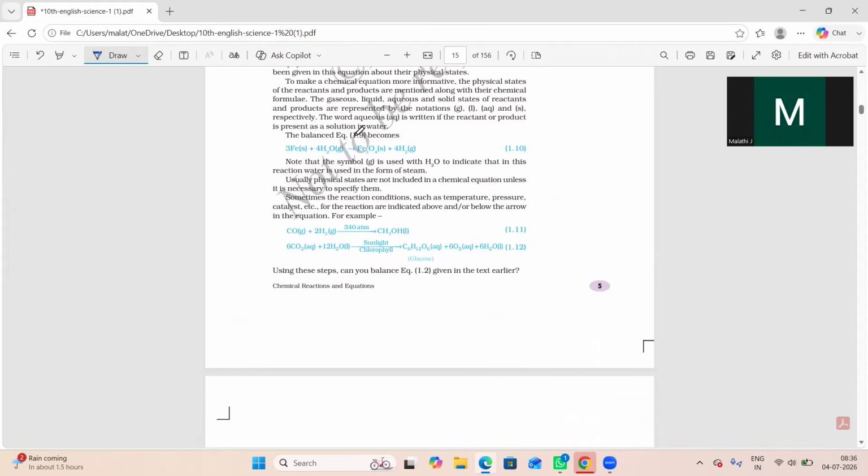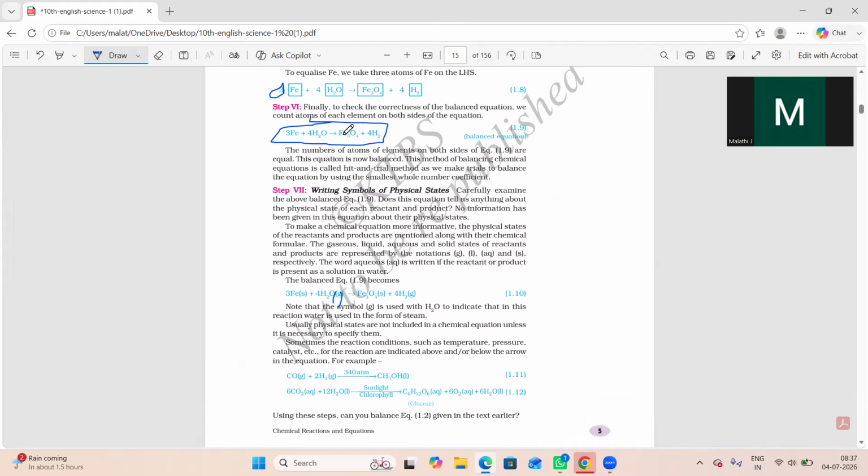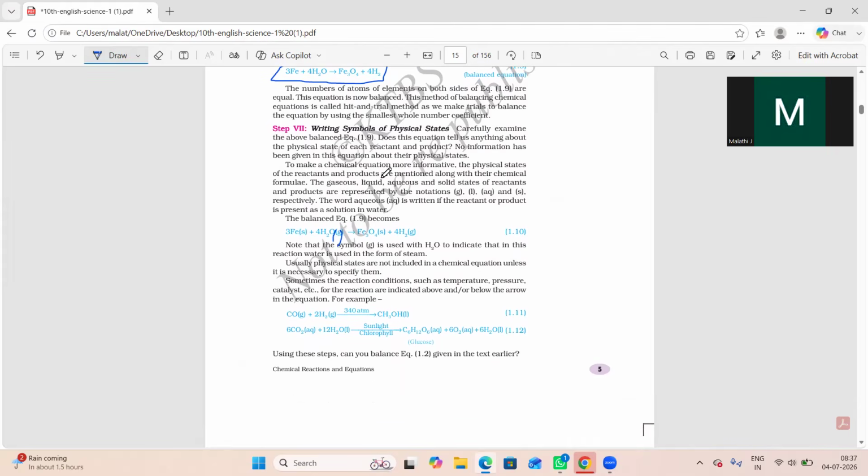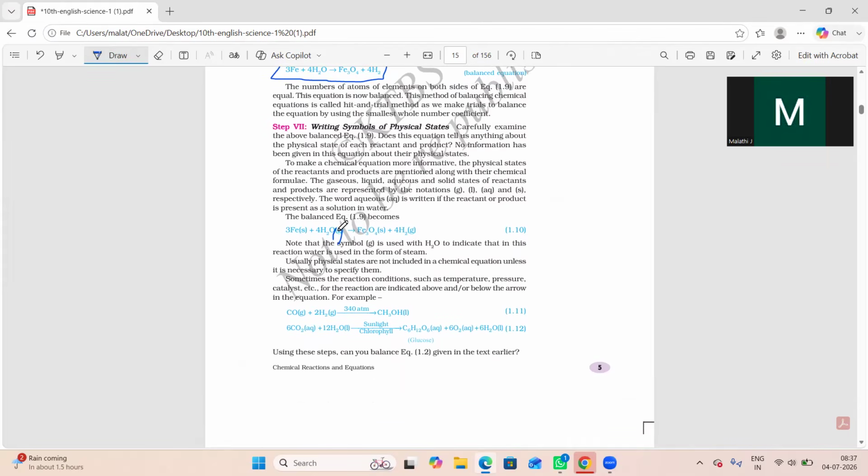If we write G, it is a gas. If we write S, it is a solid.